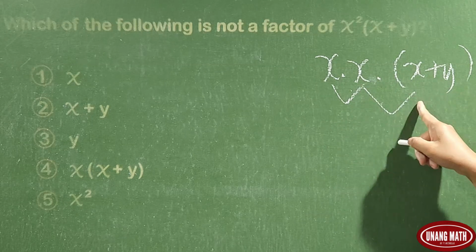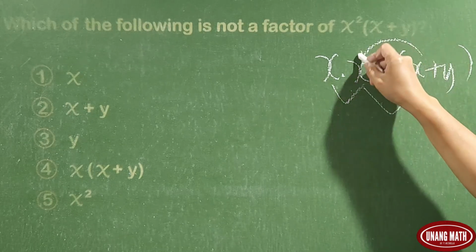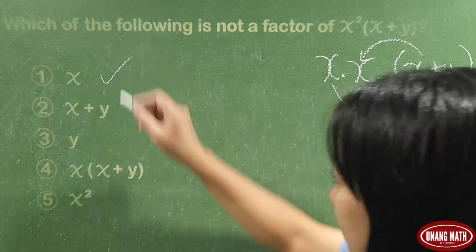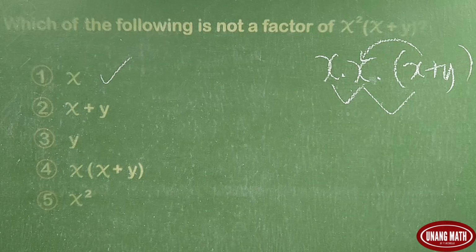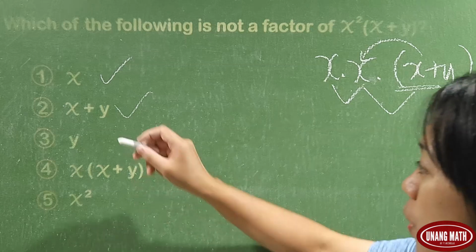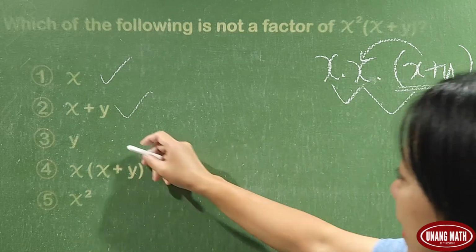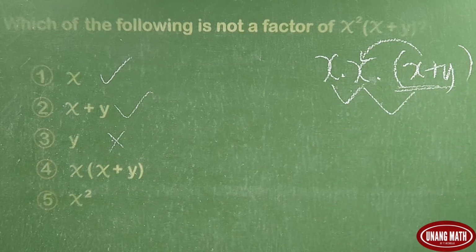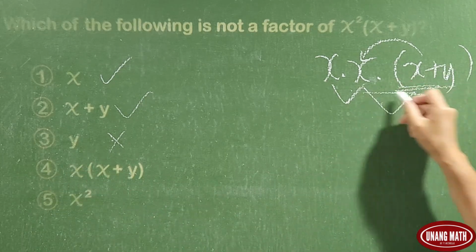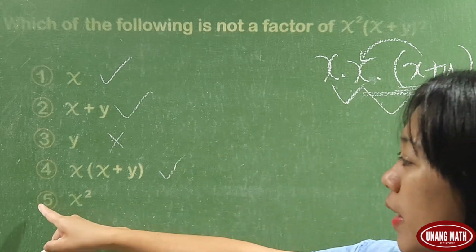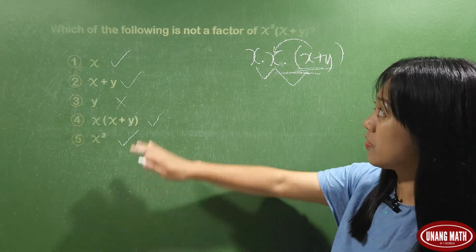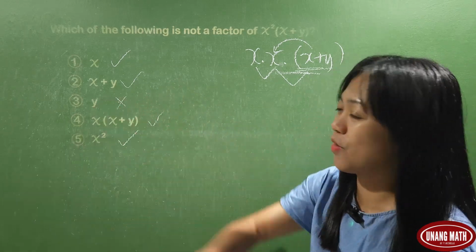This one times this one, still a factor. Times this one, a factor of this expression. So it means x is a factor. x plus y is a factor. What about y? y is not a factor. And for number 4, x times x plus y is a factor, and x squared is also a factor. So which is not a factor? We have here option 3.